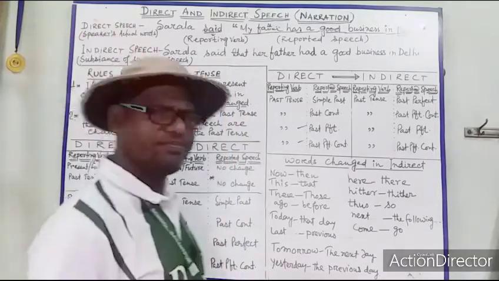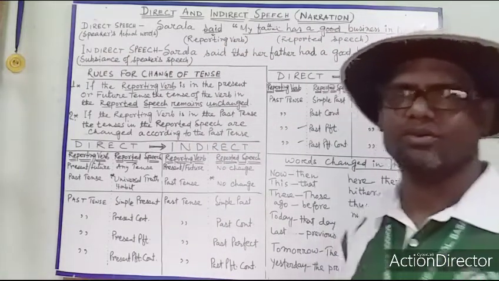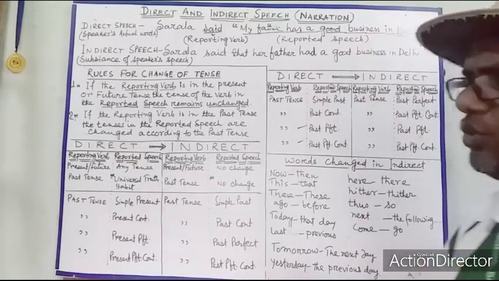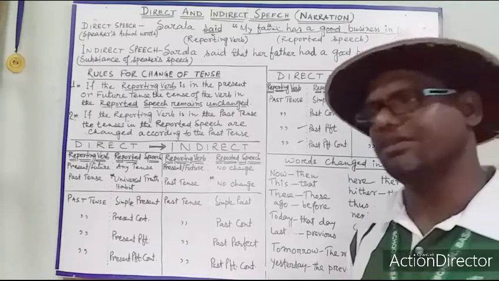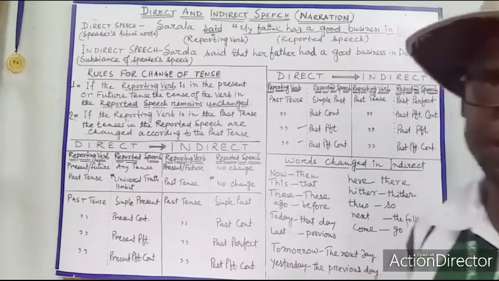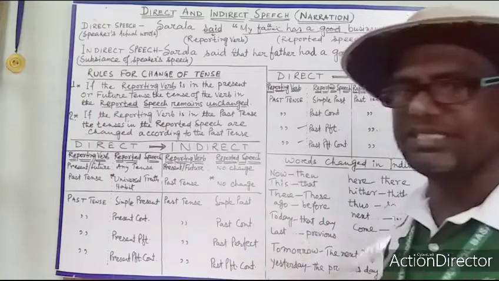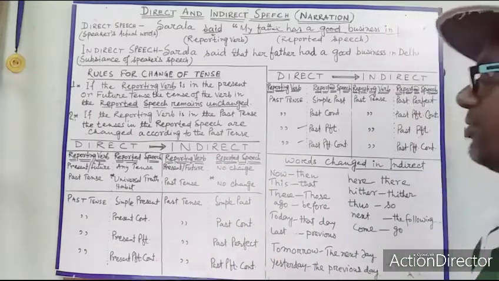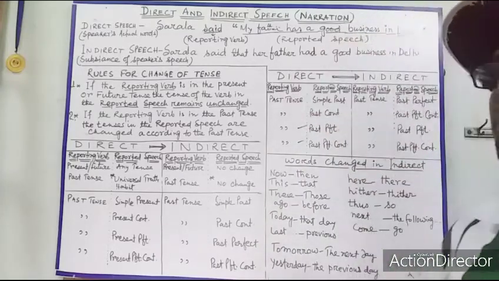There are some other things which take place. If you change from direct to indirect, there are so many things you need to change, and that can be discussed only after giving examples. You just remember these things. These are general things, and there will be some changes if the sentence type changes. Sentences are of how many types?